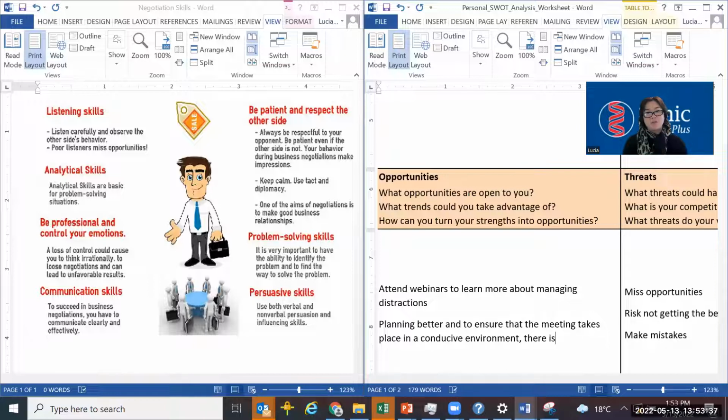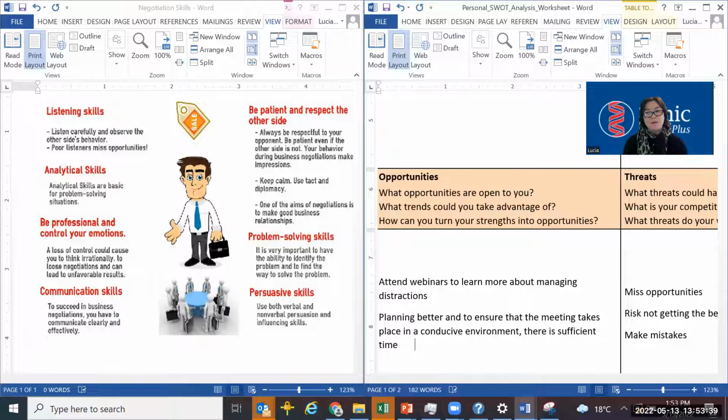There is sufficient time for the meeting. And what else do I need to plan? And prepare an agenda and notes.